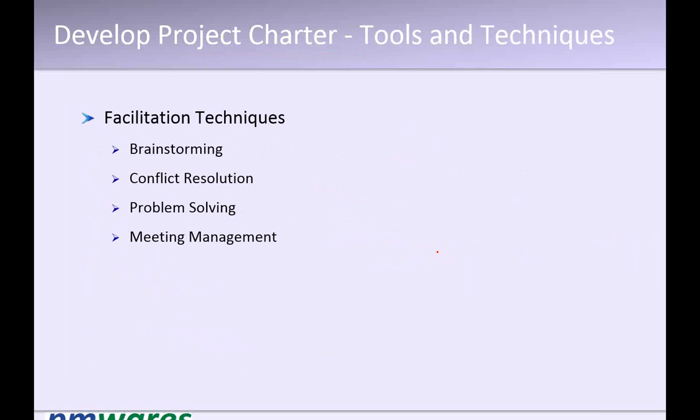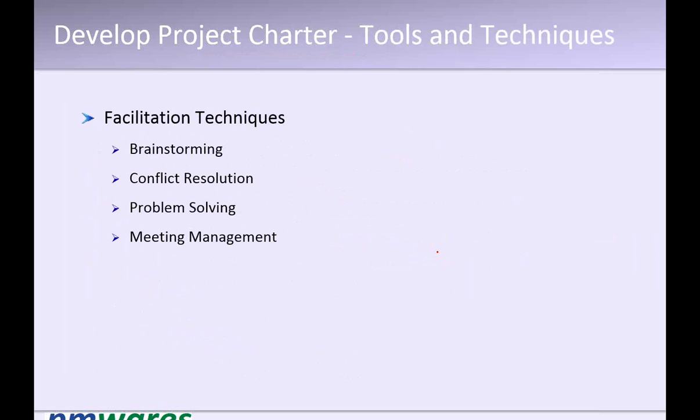Yes. But a project manager or the expert group can help in writing it, because the sponsor may not be trained or educated to prepare the charter. Exactly. Or they may not have the capability or time. Yes, you are absolutely right.